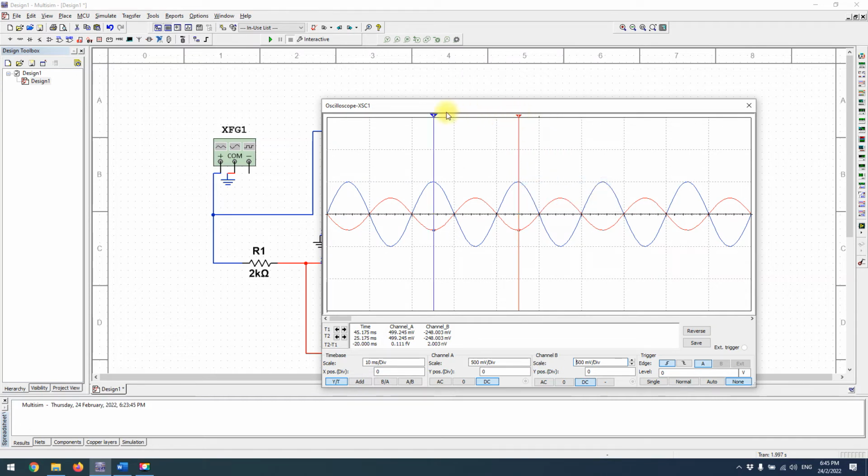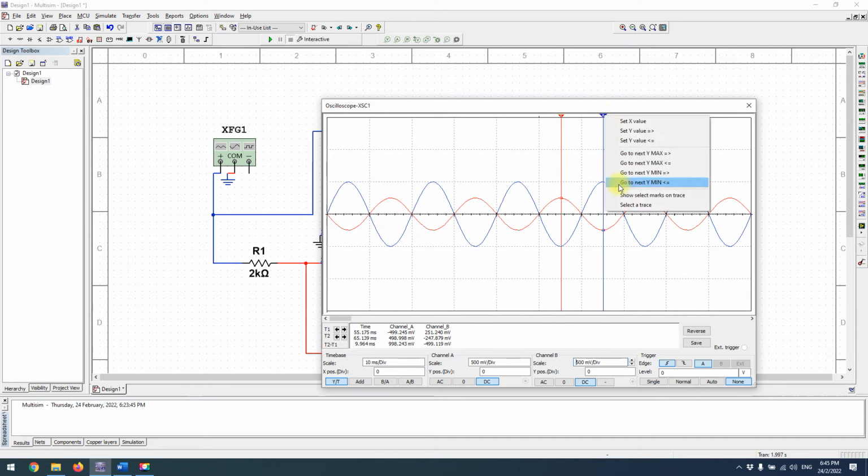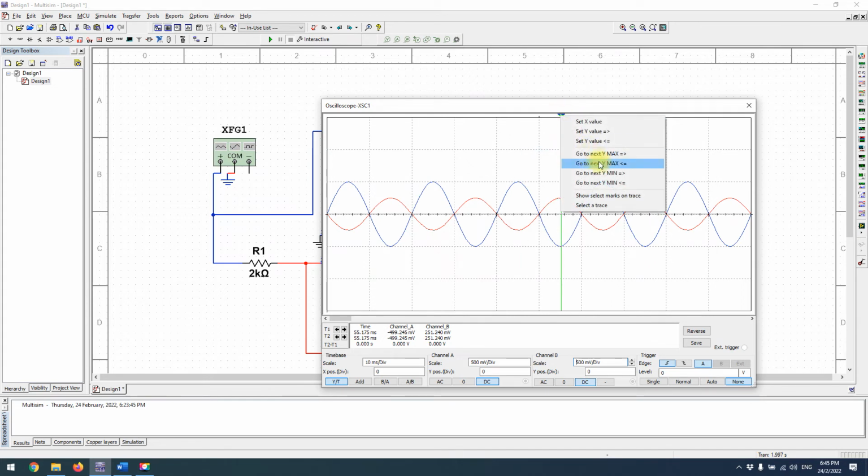Okay, I got the wrong maximum. Sorry, I think I should go the other way around. This should be at the bottom, and this should be at the maximum. Okay, then you see 251.24.